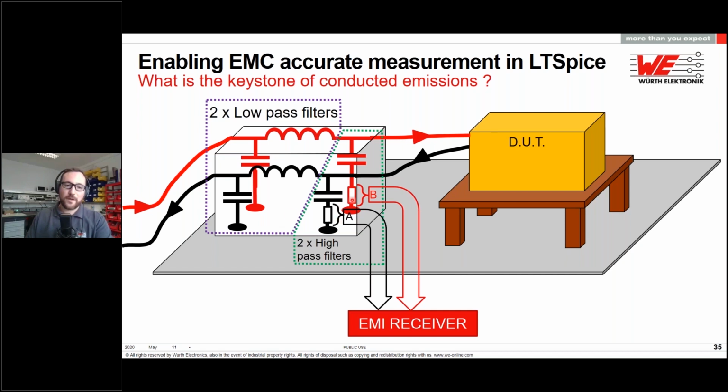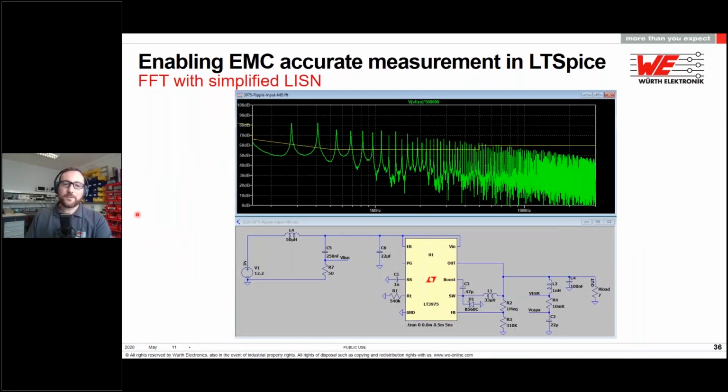The 50 ohms come from these resistors in series. But it means that even with a few milliamps of ripple generated here, you will get a lot of voltage generated here, and you are able to compare it to a threshold, to a limit here. So this is what happens when you make an FFT of a buck converter.